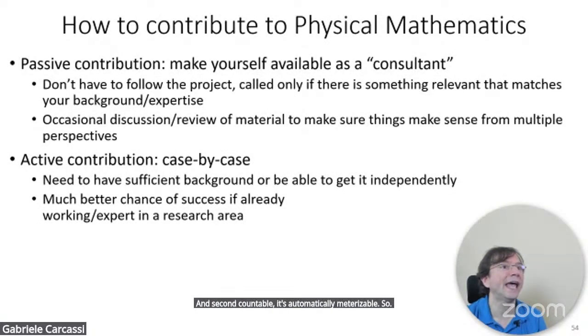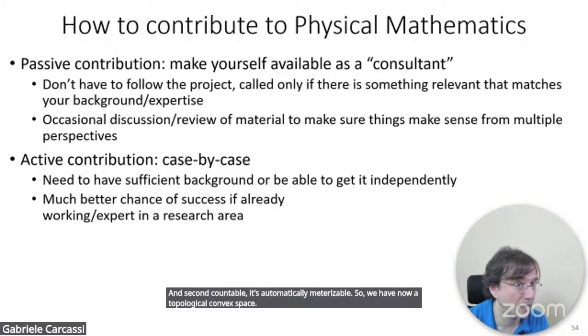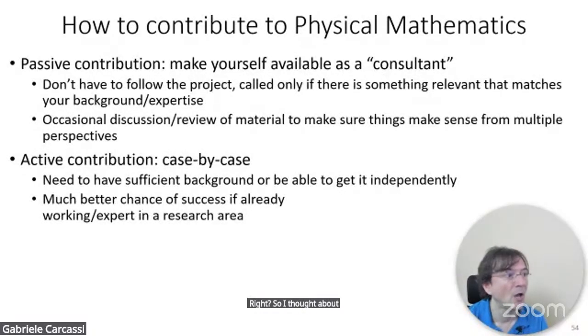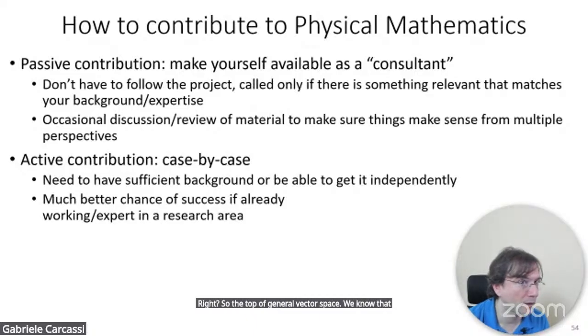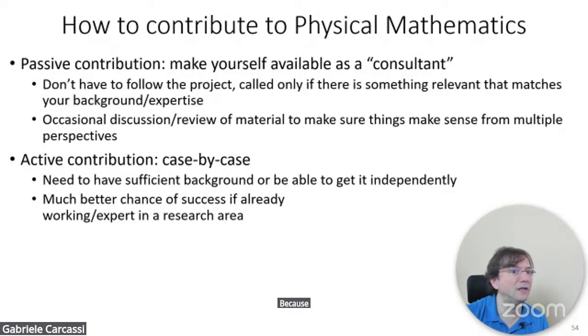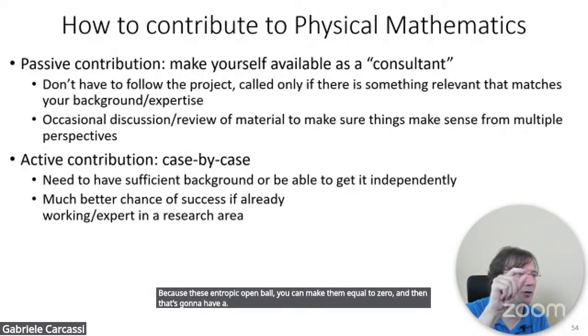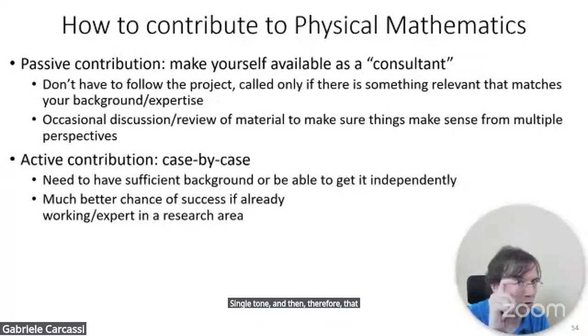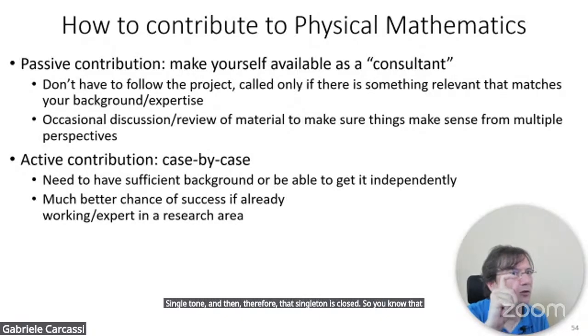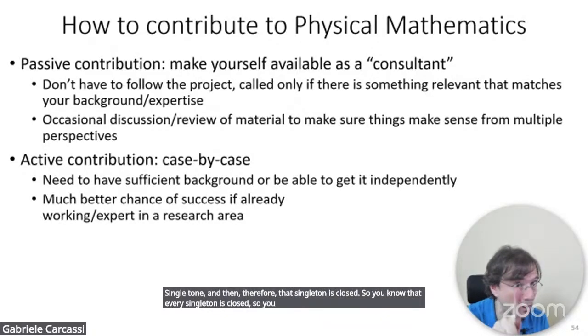So we have now a topological convex space, right? A topological vector space. We know that it's T1 because these entropic open balls, you can make them equal to 0, and then that's going to be a singleton, and therefore that singleton is closed. So you know that every singleton is closed, so you know that you have T1.